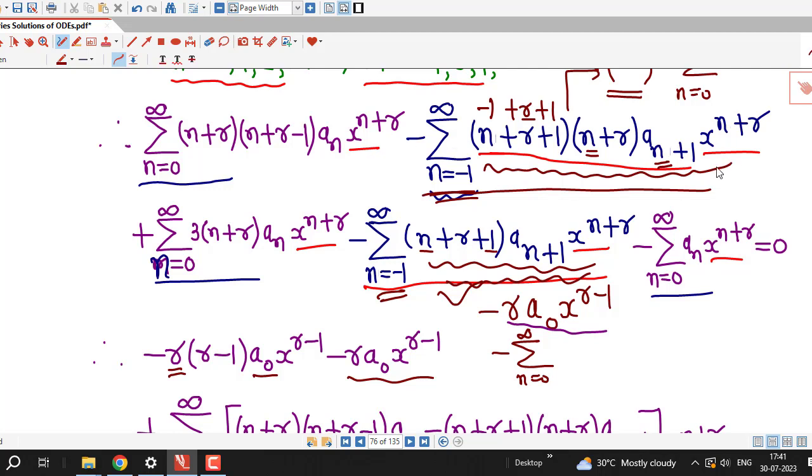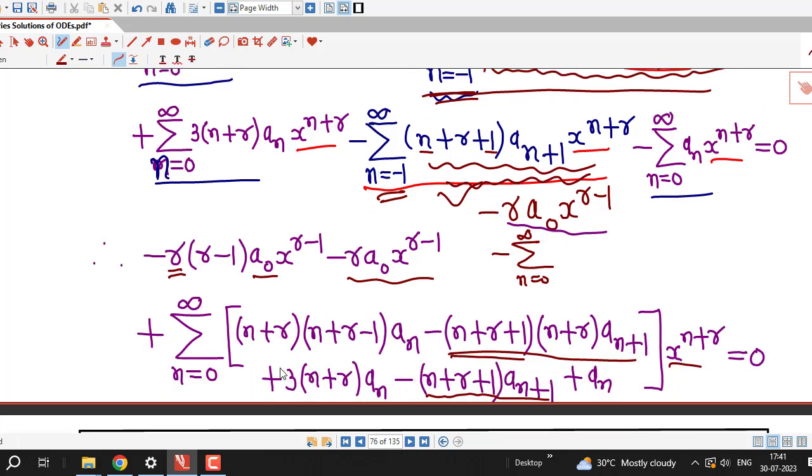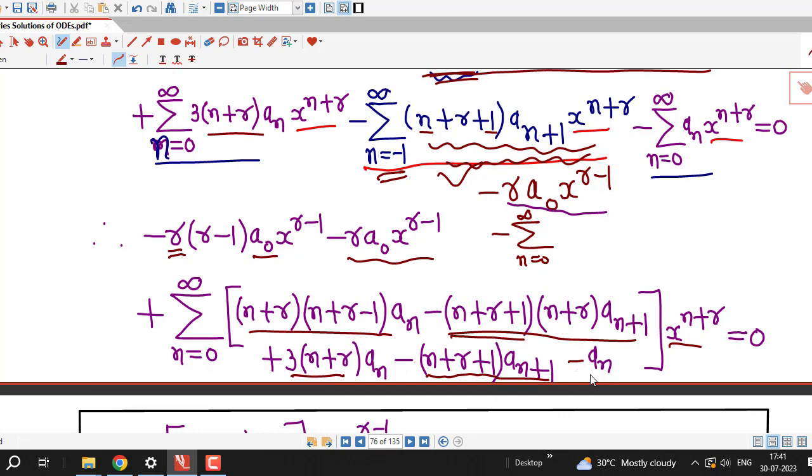I have taken x raised to n plus r common, and you can see n plus r minus 1, a n, that quantity is here, 3 times n plus r a n, that is here, and this quantity minus a n x raised to n plus r. So here I have to write minus a n x raised to n plus r equal to 0.